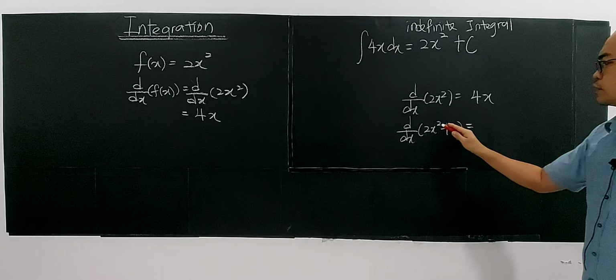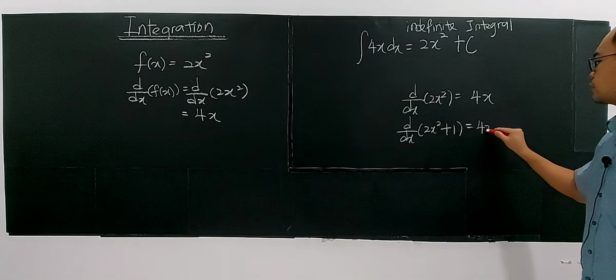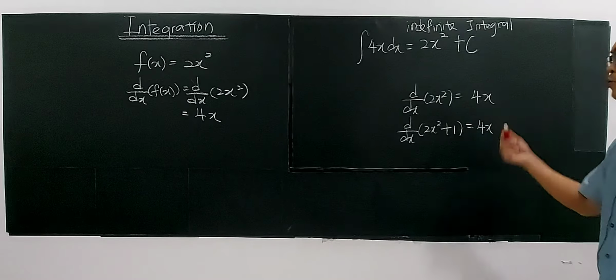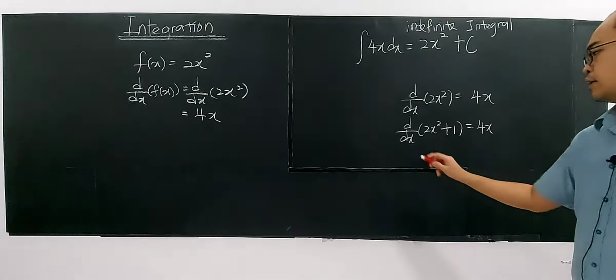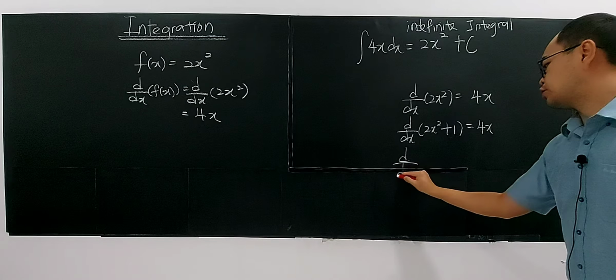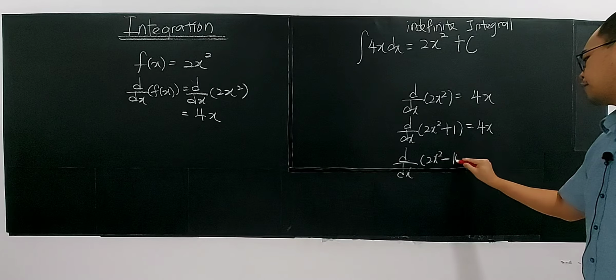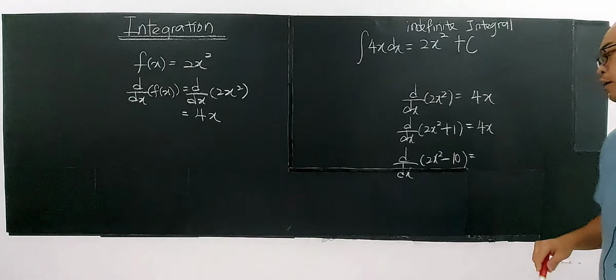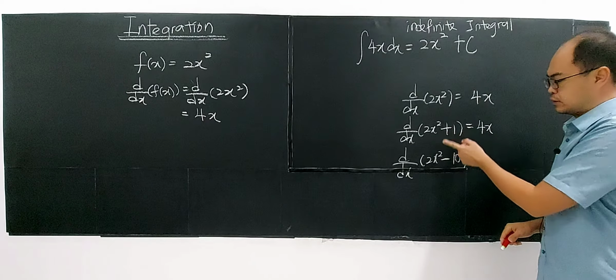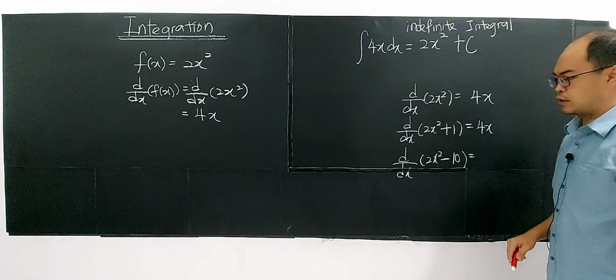As you differentiate this, you get 4x, and the derivative of a constant is 0, so you still get 4x. For example, if you differentiate 2x squared minus 10, this is different from the others.